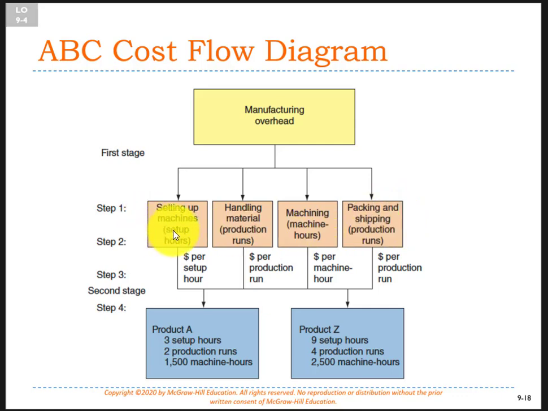And so in parentheses is our cost driver for each one of these. Now, these two both have the same cost driver, okay? So in some ways they could be combined, but we can also keep them separate. And this one, machine hours.